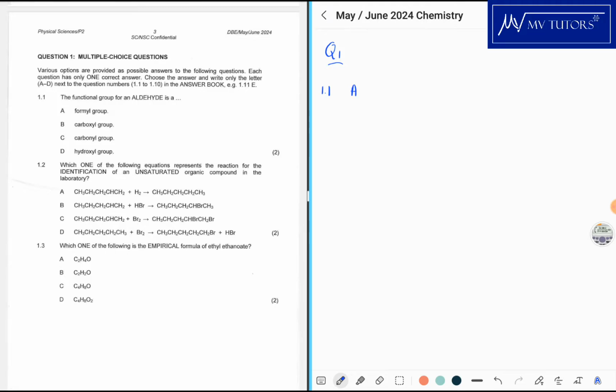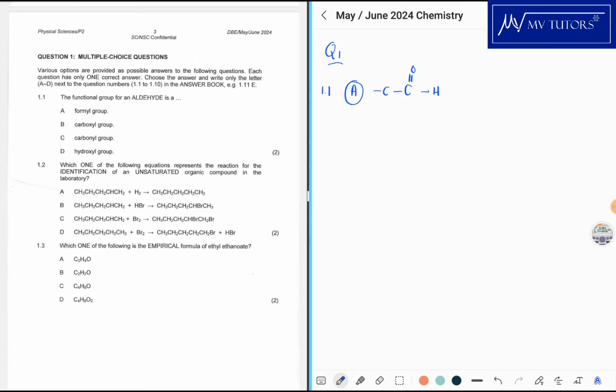Remember, with an aldehyde, the carbon at the end or at the beginning has a double bond to oxygen, and one bond to hydrogen and another bond to carbon and so forth. So an aldehyde consists of a carbonyl as well as a hydrogen at the end. That's why we refer to it as a formyl group.